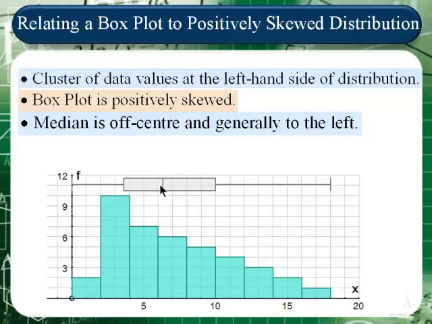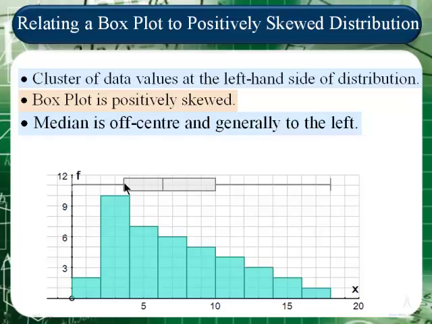Look at the semi-interquartile ranges. Between Q1 and the median there is 25% of the data values, and the same between the median and Q3, there's also 25%, but this is more spread out.